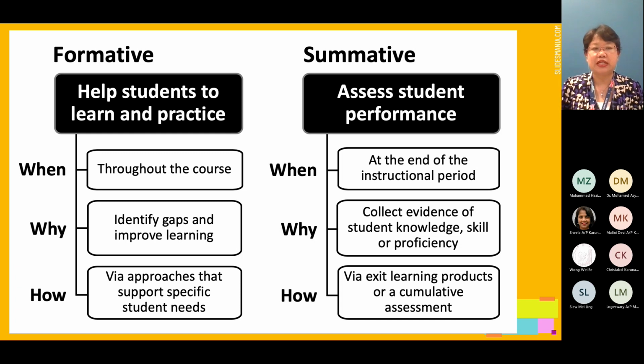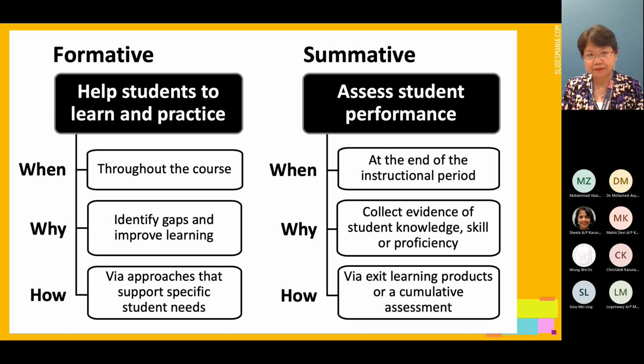Summative assessment collects evidence of what students have learned, what skills they have learned, and for English, their proficiency level. Whereas formative assessment is done throughout the course. It can be for every lesson, and it is to identify students' understanding of the subject matter and which areas they need help with. Summative assessment is generally related to a grade.